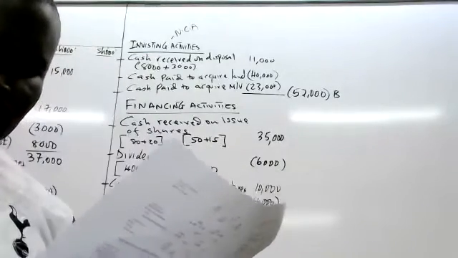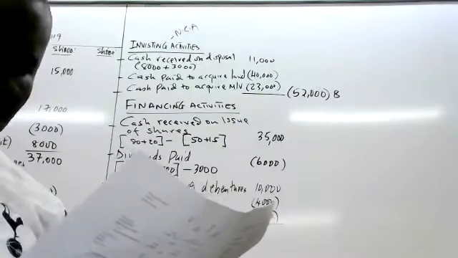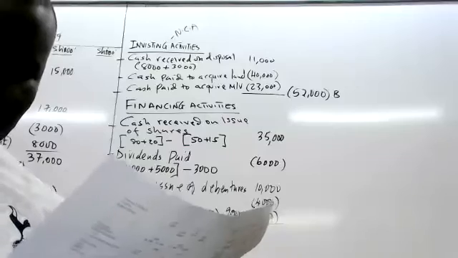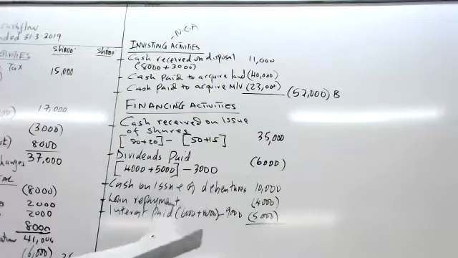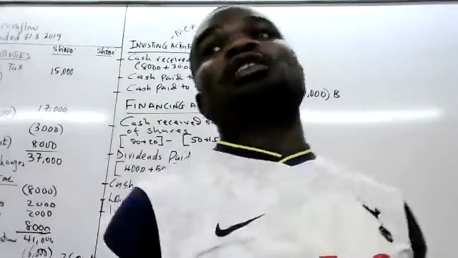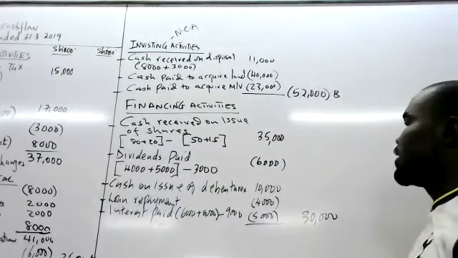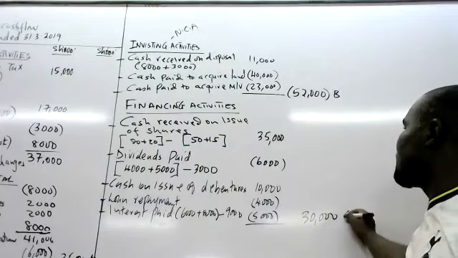Payables, no. So you're saying this one comes to 30? Yes. Positive. So this is C.